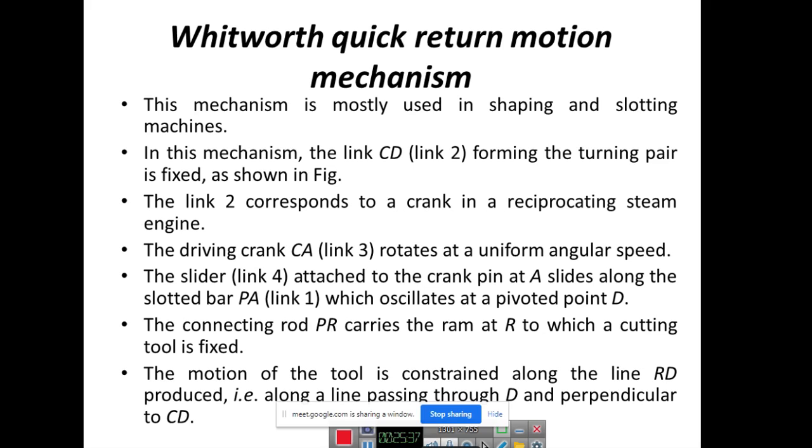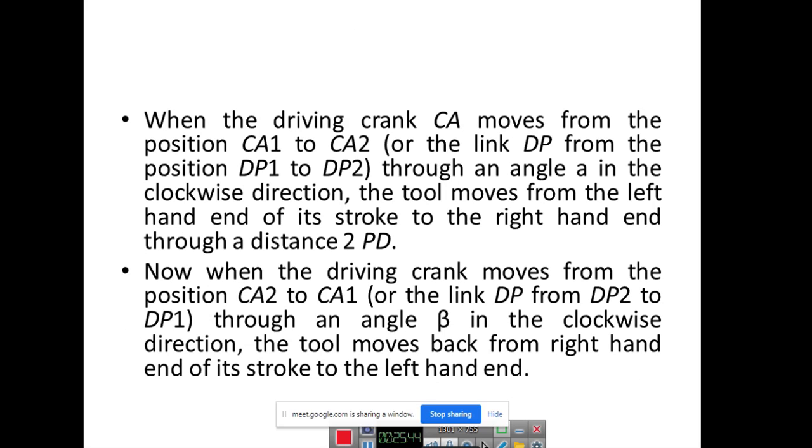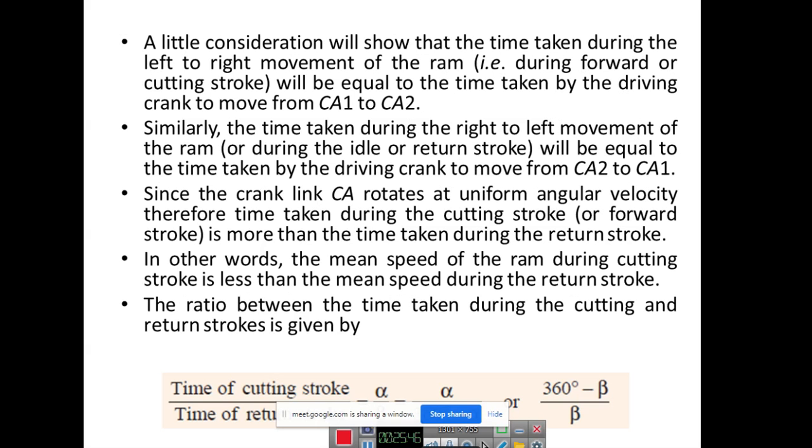The motion of the tool is constrained along the line RD produced, that is along a line passing through D and perpendicular to CD. So in the same way, the time of cutting stroke by the time of return stroke will be nothing but 360 degrees minus beta divided by beta, same as the crank and slotted lever.